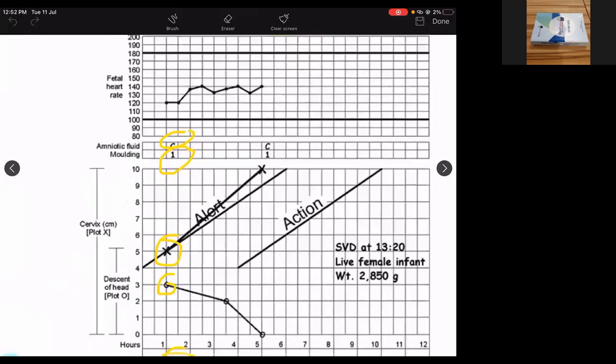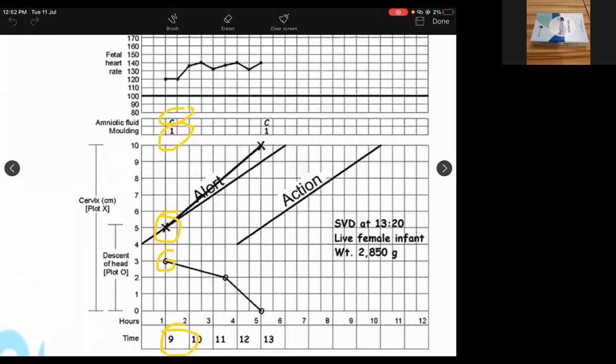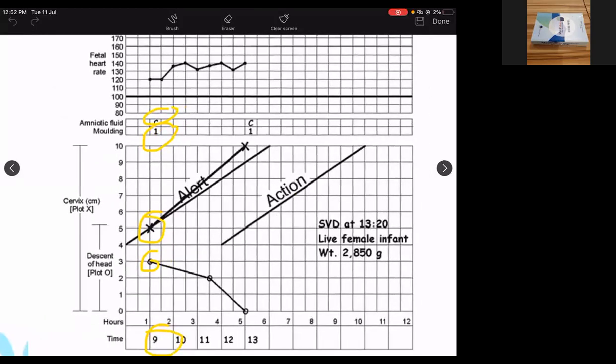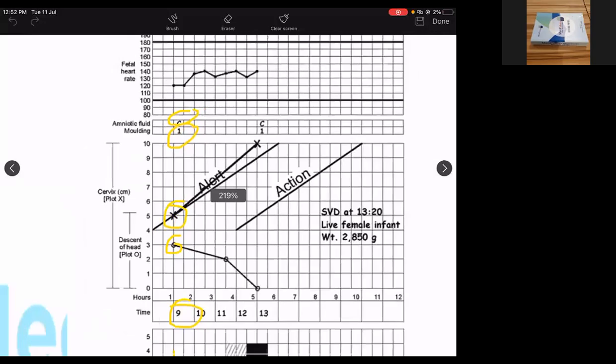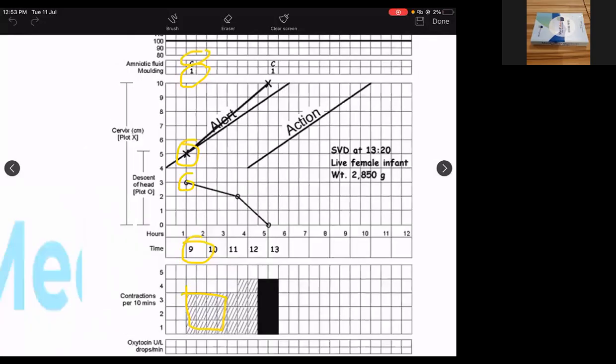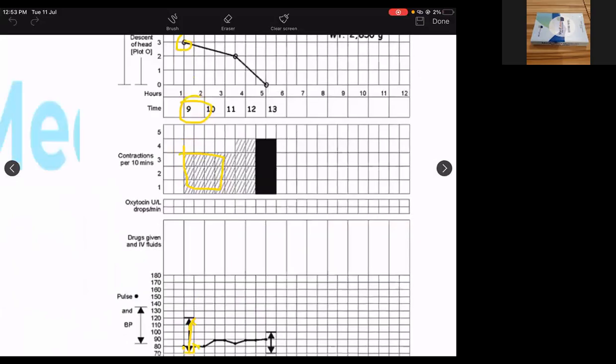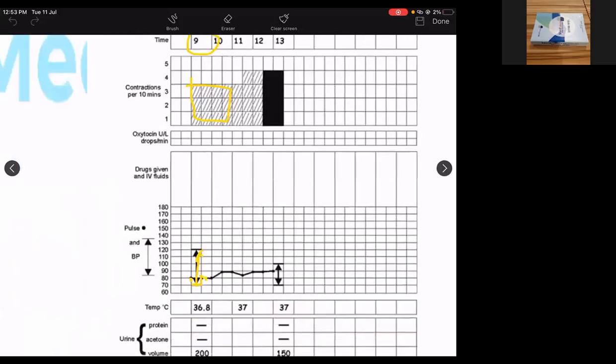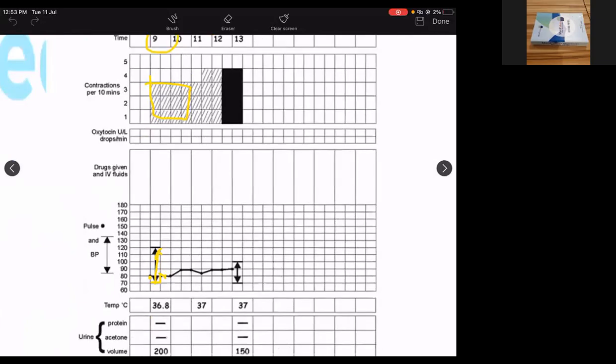Amniotic fluid was still clear, molding was 1+, and the head was completely down, 0/5. And she started having 4 strong contractions. That means they were lasting more than 40 seconds. She didn't require oxytocin, and no IV fluids or analgesia were given. Temperature still remained within normal range. Urine volume was still 140.